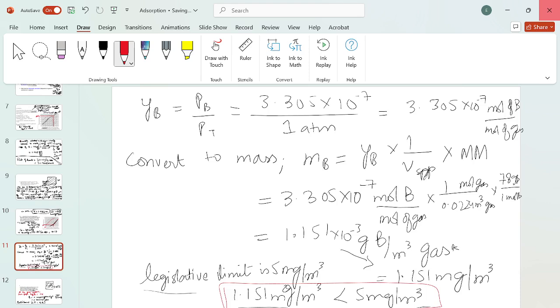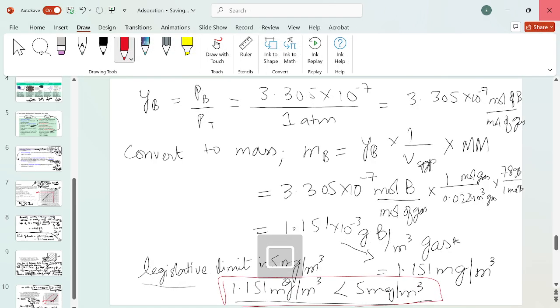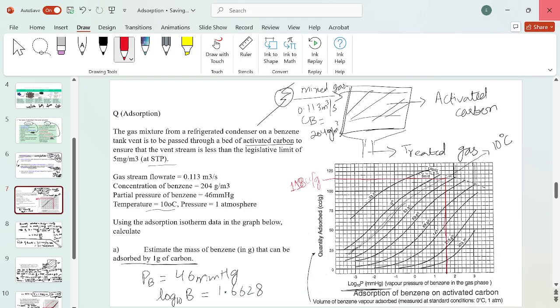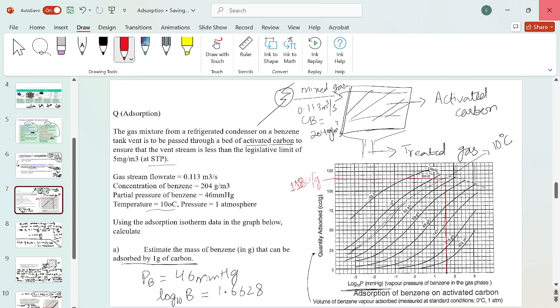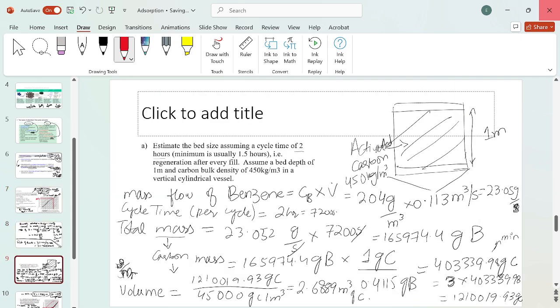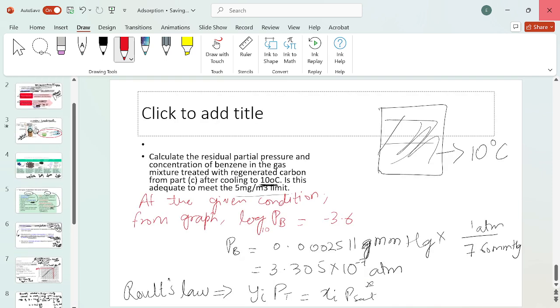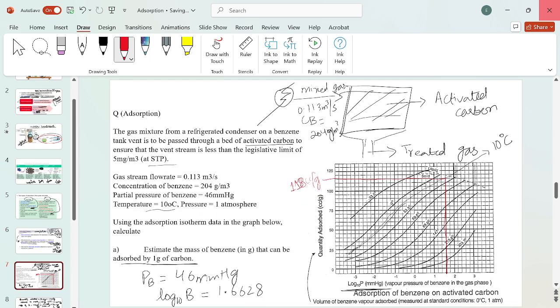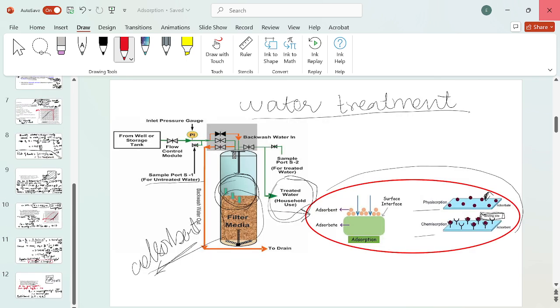So we have done the numerical, and we have gone through in detail how we calculate the diameter, the mass, the concentration, all the requirements for the adsorption column, because adsorption happens there. So I hope it is clear.